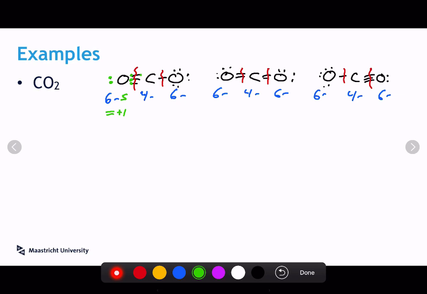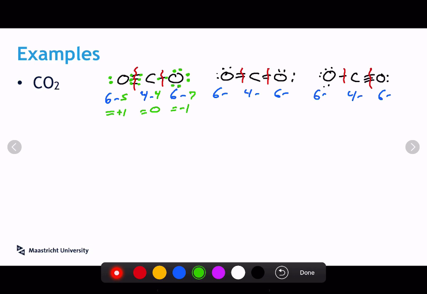For the carbon in the middle, we've given it 4, so 4 minus 4 is equal to 0. And the other oxygen has 7, so 6 minus 7 is equal to minus 1. So we've got a plus 1, a 0, and a minus 1 for the formal charges for that structure on the left. That's not too bad.